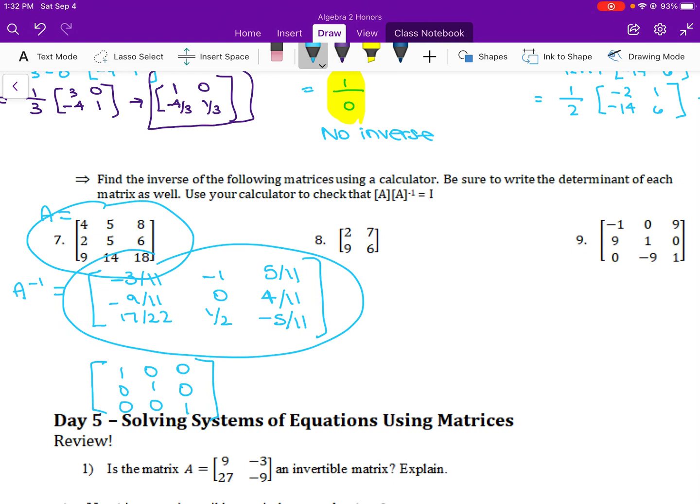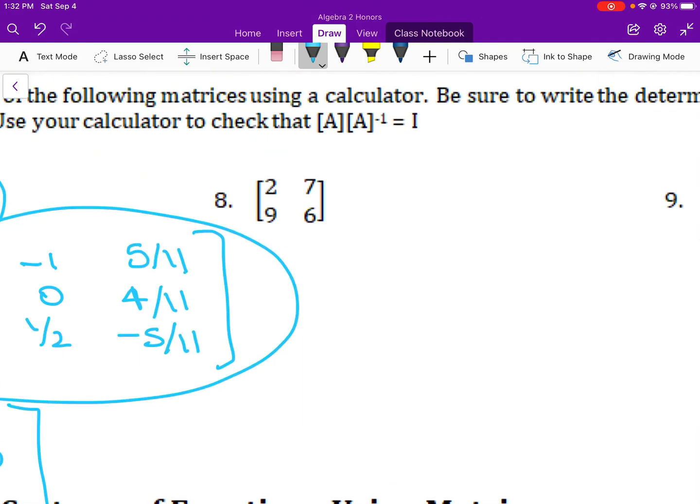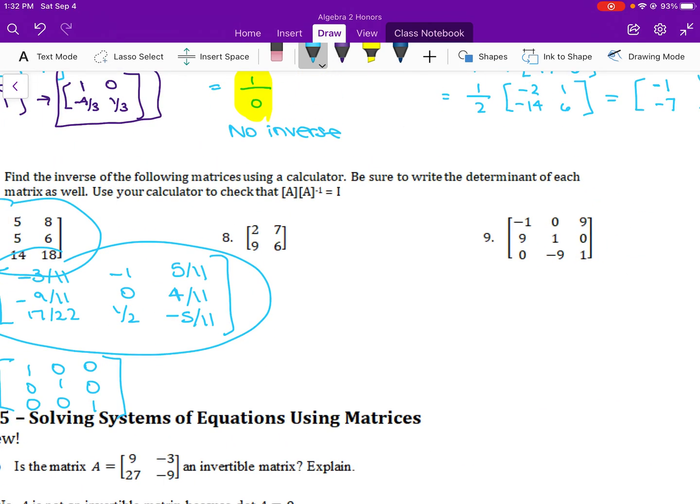Okay, so let's try another one. Now we want to find the inverse of this 2 by 2, 2, 7, 9, and 6. Again, we want to try using a calculator.